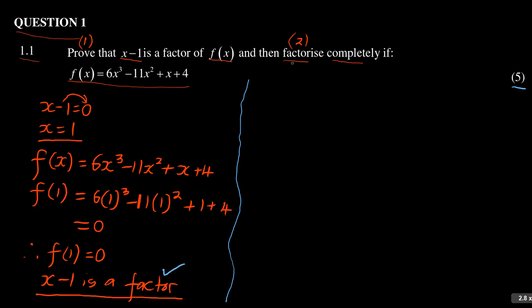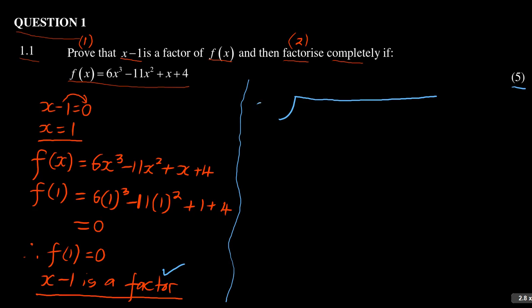Then the next part says factorize completely. So now we are going to factorize. Now how do we factorize this expression? We're going to do a long division. And with a long division, remember, this is a revision. If you want the full lessons on how to approach these problems, then you need to follow my lessons on factorizing these kind of problems, and you'll be able to understand why I'm doing what I'm doing.